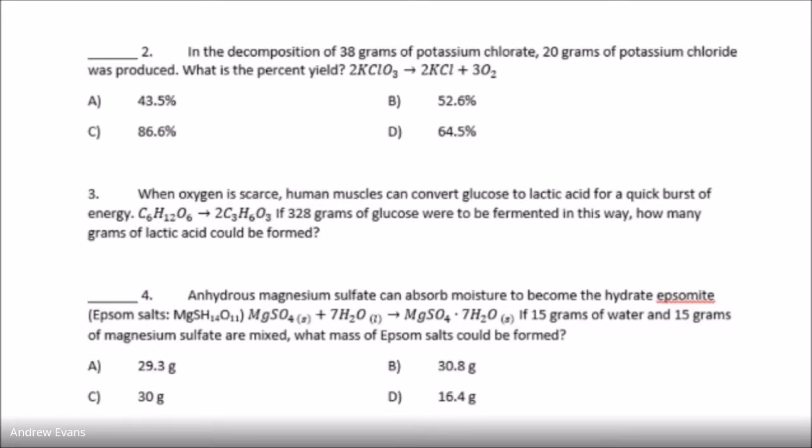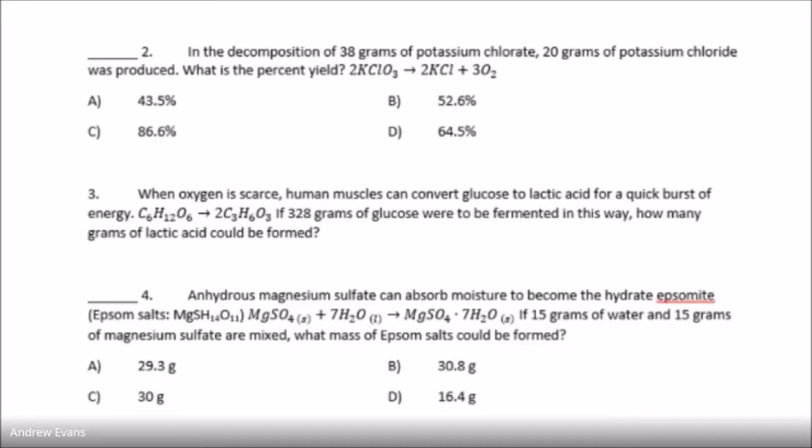Noting that we start with 38 grams of KClO3, and for every 2 KClO3s, we're going to get 2 KCls. And the product is 20 grams of KCl.